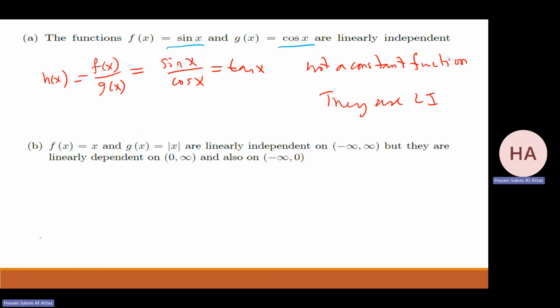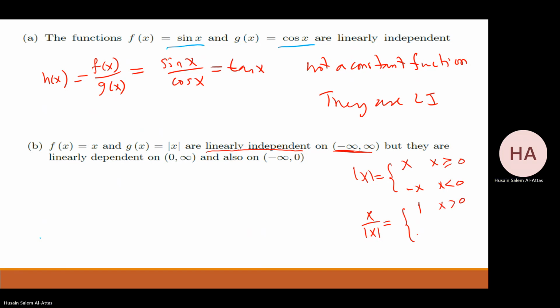Okay. x and absolute value of x are linearly independent on this interval, because absolute value of x is x if x is positive, minus x if x is negative. So if you have x over absolute value of x, that will be 1 if x is positive, minus 1 if x is negative.